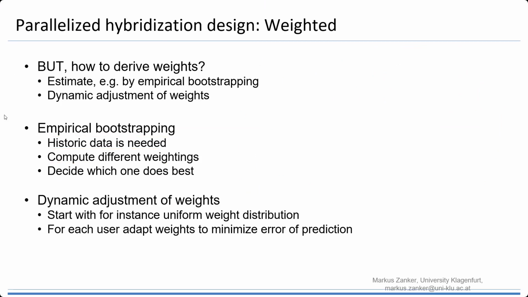If we use dynamic adjustment, it means we start with, for instance, a uniform weight distribution. Uniform weight distribution is just 0.5 and 0.5. For each user, adapt weights to minimize the error of prediction. So if you use 0.5 and 0.5, look at the error.